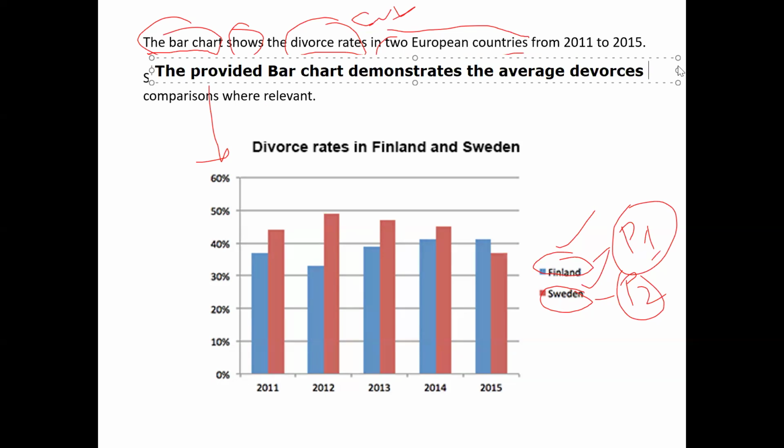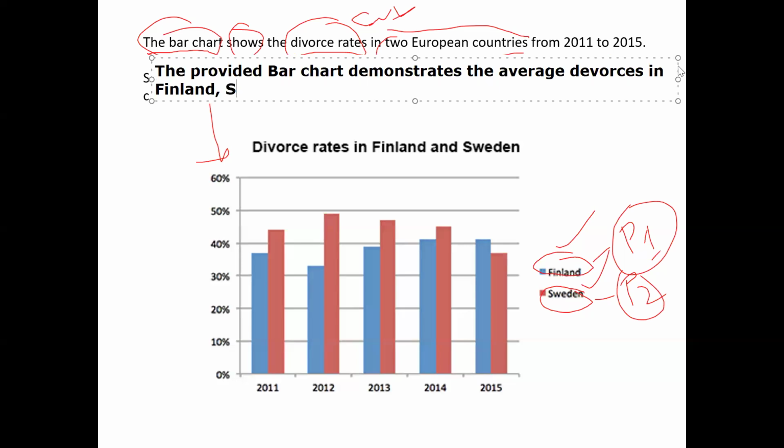Where? In Finland, and F needs to be capital. Second one, Sweden. Clear? And then we may write, from we need to change to between 2011. Between is followed by and 2015. Yes. So this is what I call my introduction. So the first part is completed.